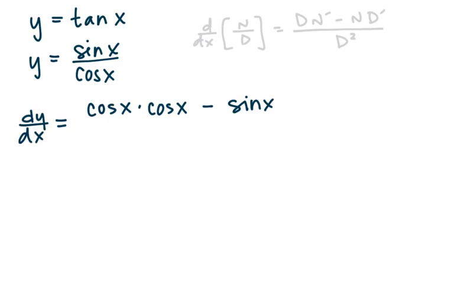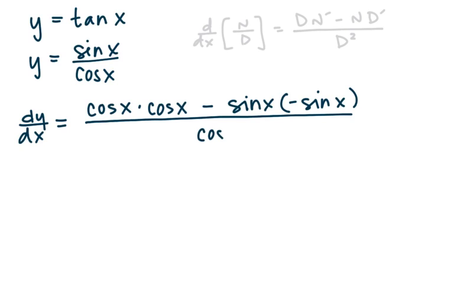And the derivative of cosine is negative sine x. That would be all over the quantity cosine squared x, cosine x squared. Just a note, writing cosine x quantity squared is the same as the way I've written it here with the cosine squared x. It's just an abbreviated or nicer way to look at it.